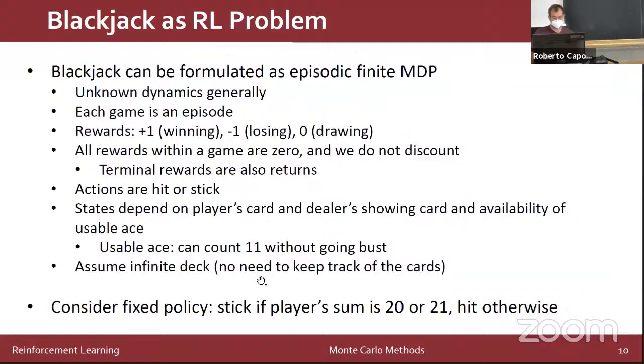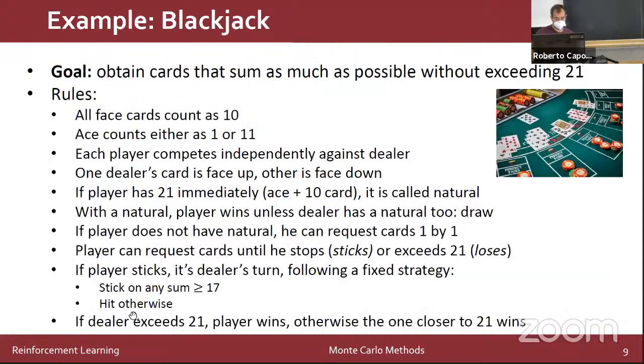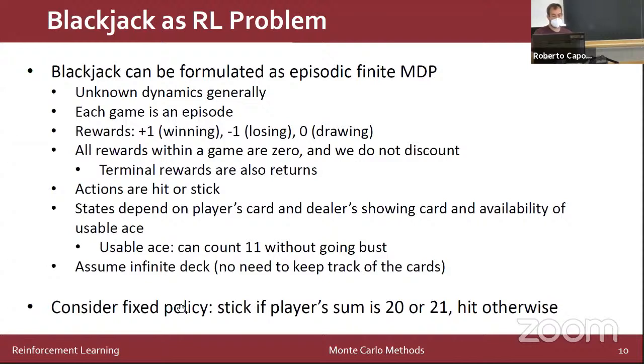Okay? So we say the dealer has this fixed policy where it sticks on any sum which is greater or equal to 17 and hits otherwise, while we are now evaluating our own policy, which is fixed for our evaluation algorithms, and corresponds to sticking if the player's sum is 20 or 21 and hitting otherwise. Okay? So now the formulation of the problem is completed.